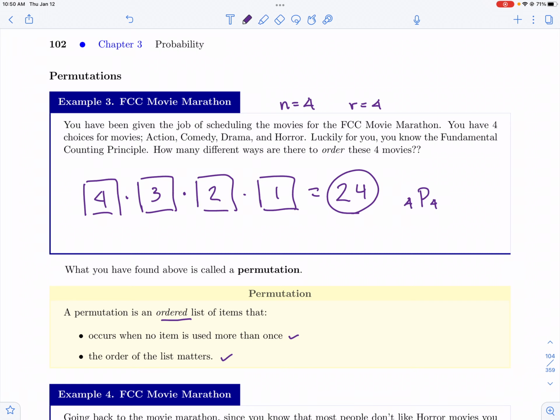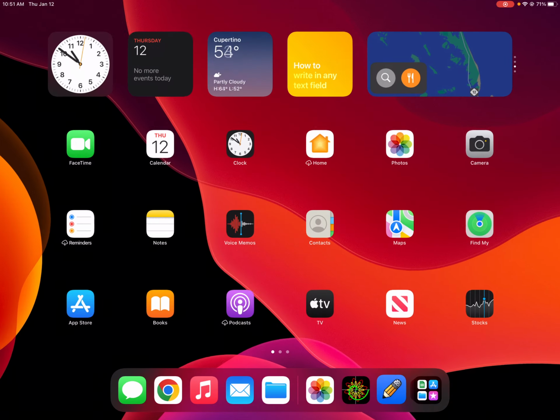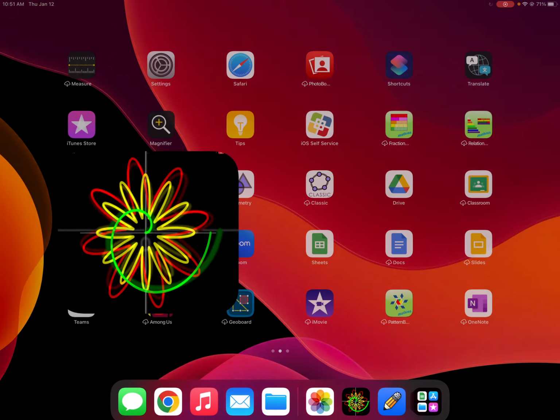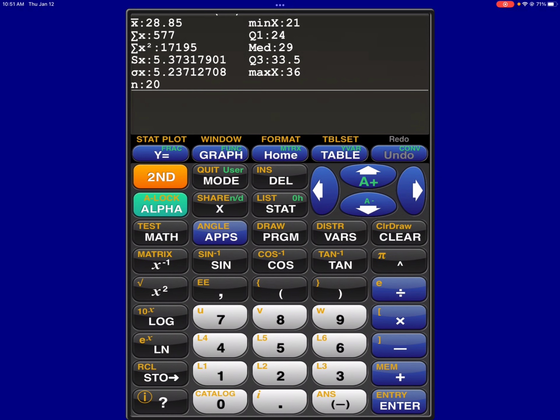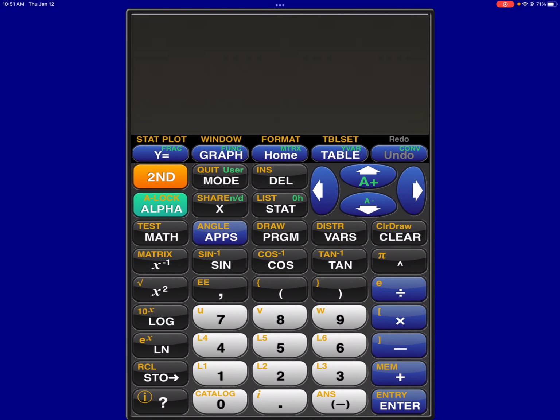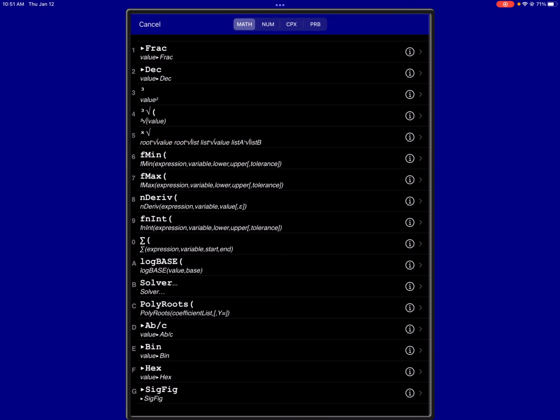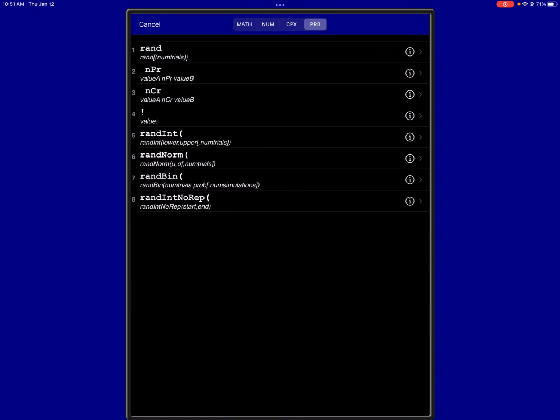So let me show you on the calculator where you can find this, just in case you do like to use the calculator and would rather not use the box method. So if we click over to our calculator, what we want to do is go to our math button, which is underneath alpha, and then there should be an option for PRB, probability.